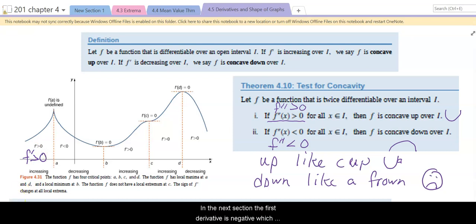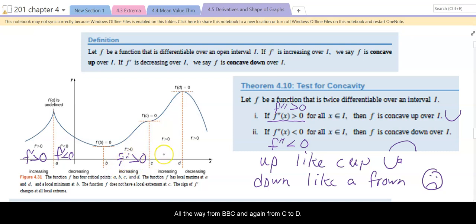In the next section, the first derivative is negative, which indicates that it is going downhill or decreasing between A and B. Then it is increasing, first derivative is greater than 0, all the way from B to C, and again from C to D. That is because there was a saddle point at C. The first derivative to the right of D is decreasing, which means it is negative since it is going downhill.